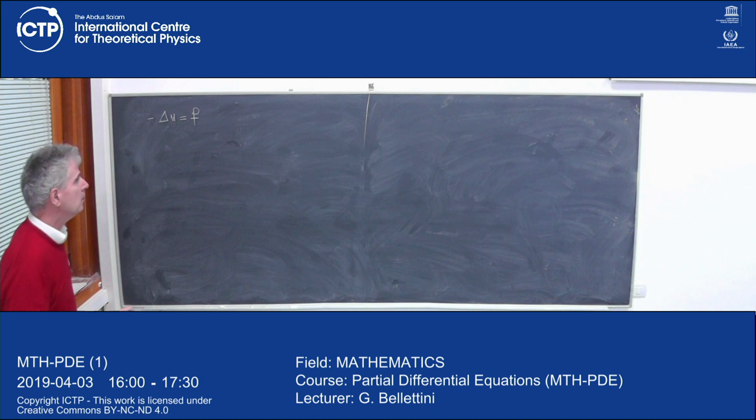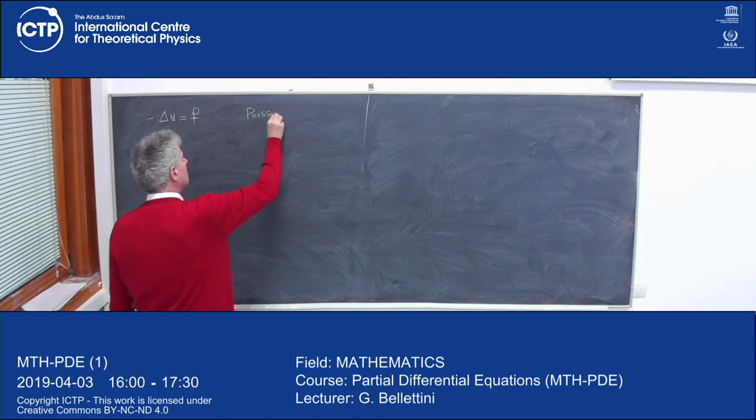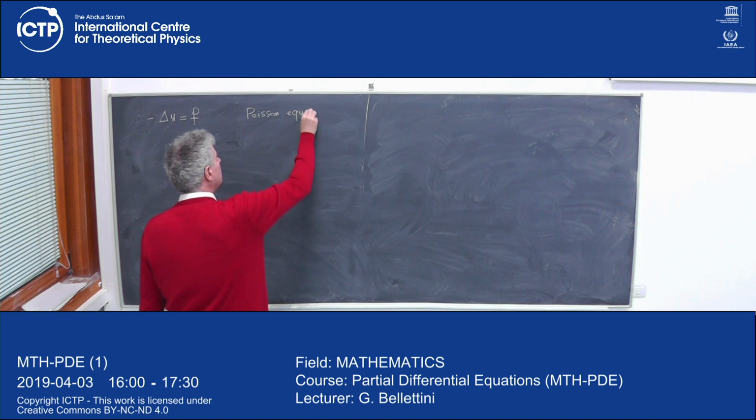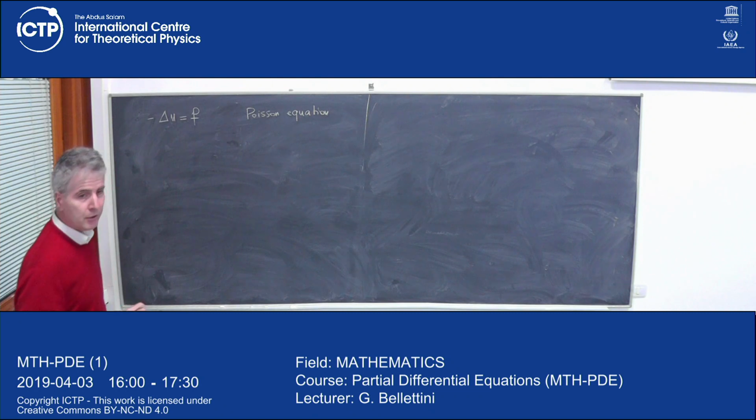this is called the Poisson equation. It's a typical elliptic PDE, where this notation means the Laplacian of a function.